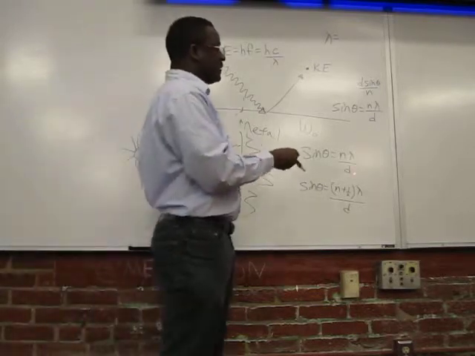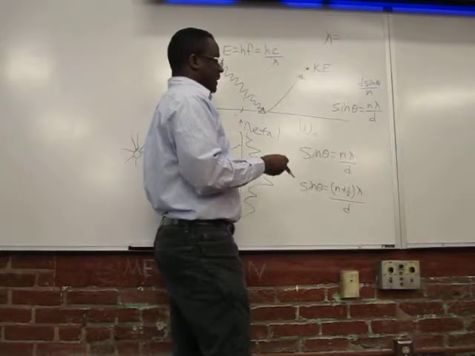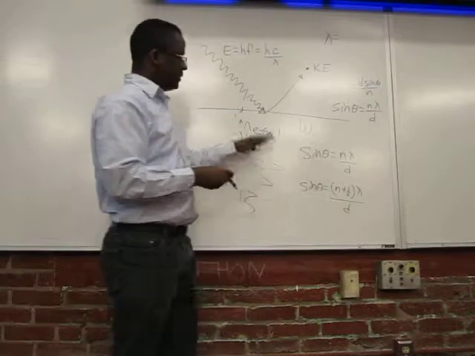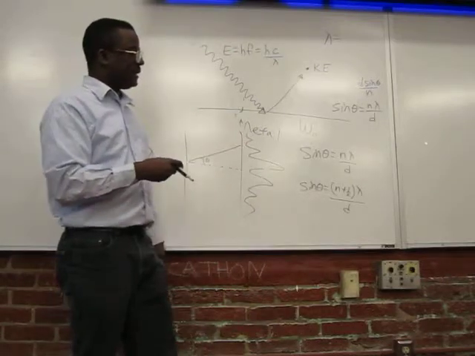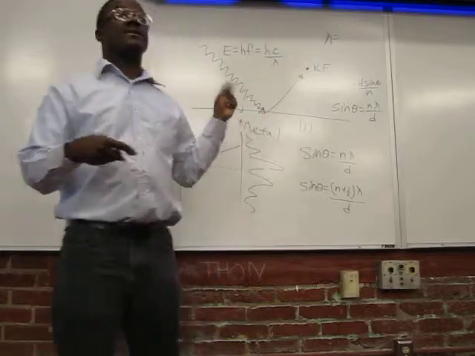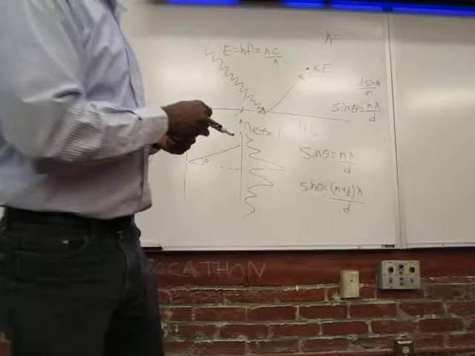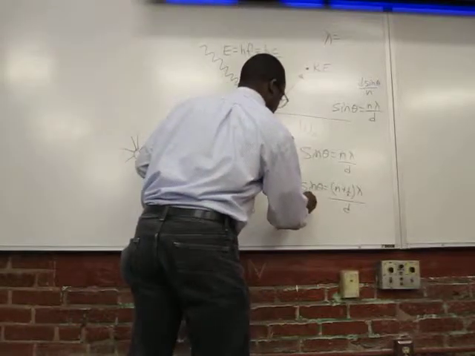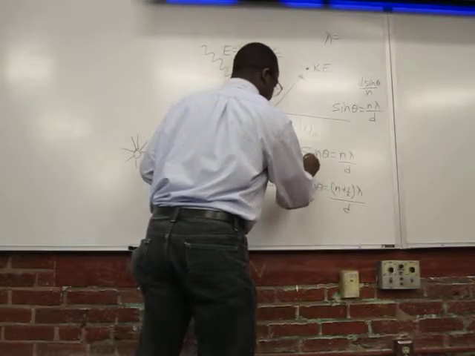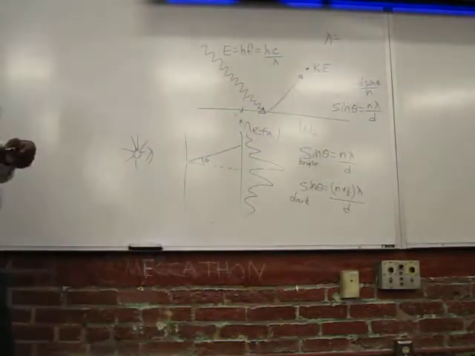So think of lambda and d as parameters, theta as where you're looking on the screen, and n as the number. n counts and indexes the fringes. This one is for dark fringes, and this one is for bright fringes. So that's how the equation works. Got it?